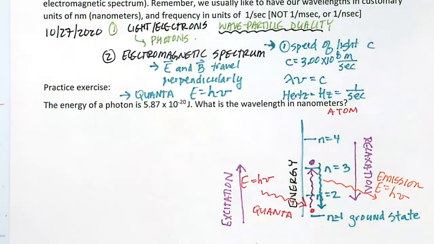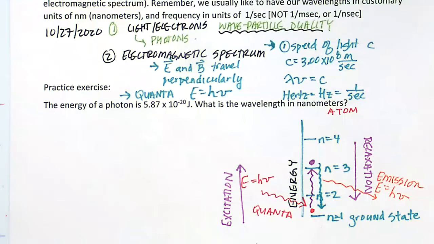All of these elements you see here are emission spectra. They just so happen to emit in the visible region of the electromagnetic spectrum, but it can also emit in the UV region, the IR region, any region in the electromagnetic spectrum.